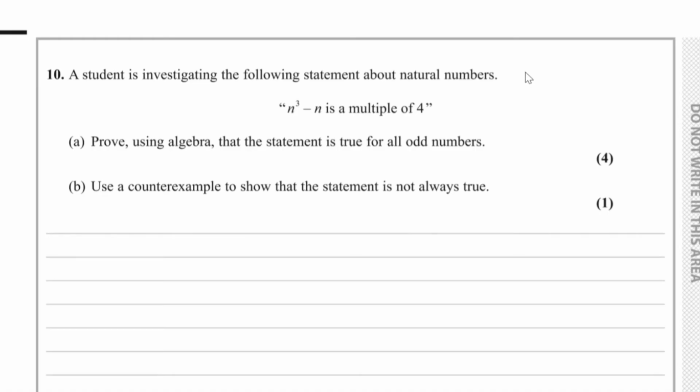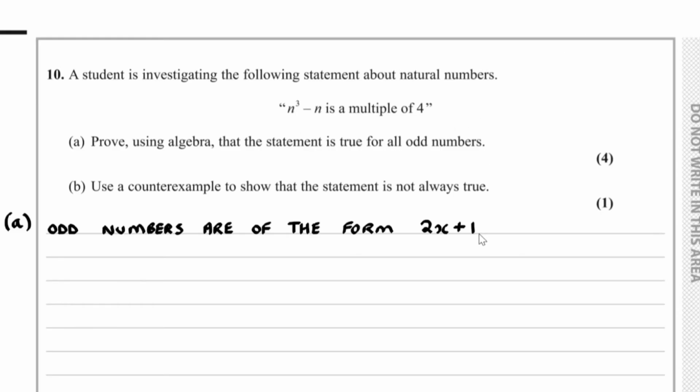Question number 10. A student is investigating the following statement about natural numbers: n cubed minus n is a multiple of 4. We have to prove using algebra that the statement is always true for odd numbers. So the first thing we will do is state the form of an odd number. We know odd numbers are of the form 2x plus 1.